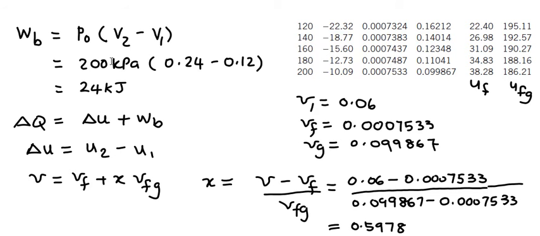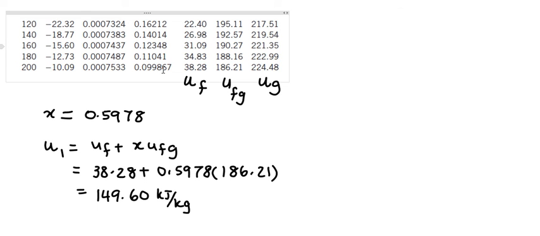If you look at the steam table for R134A at 200 kilopascal, this is Vf and that is Vg, and your value of 0.06 is in between Vf and Vg. Therefore, your phase is saturated mixture.